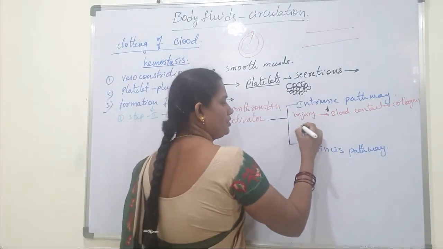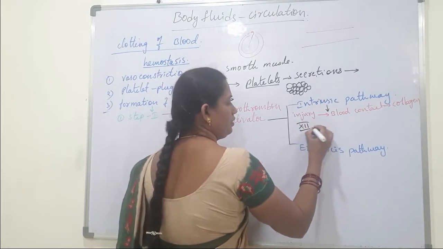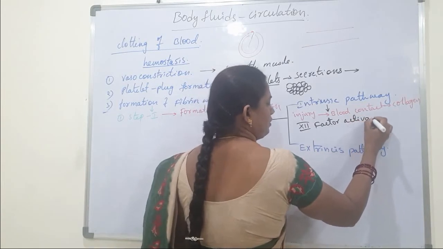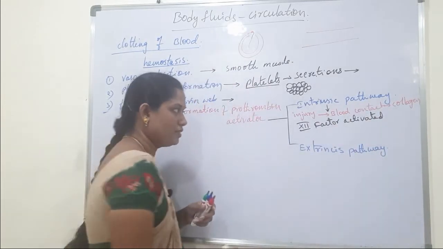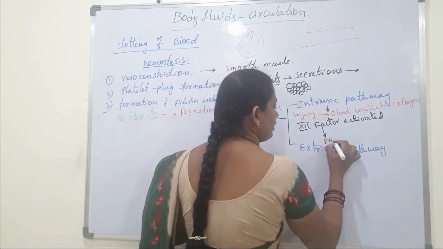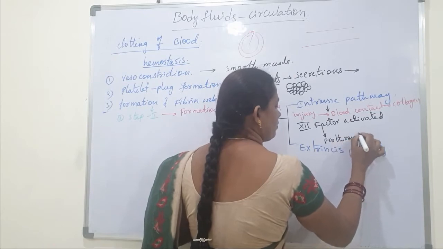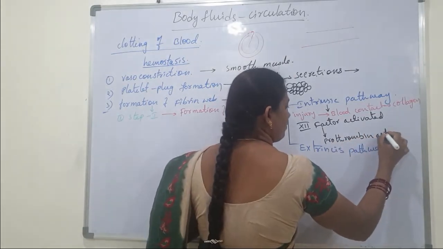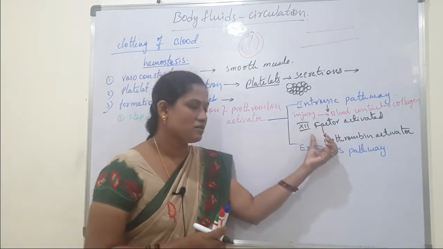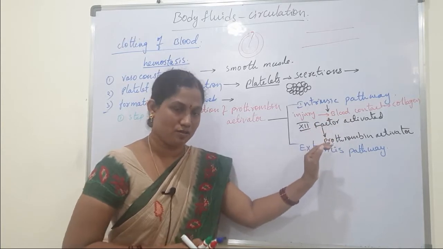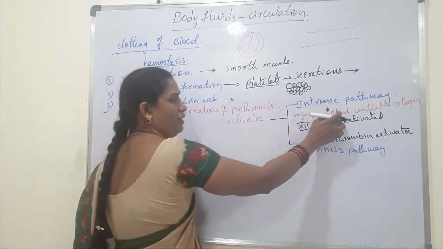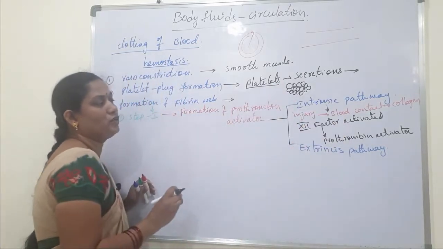As a result, the 12th factor is activated. This 12th factor forms the prothrombin activator. In the middle, some other cascade reactions also take place.